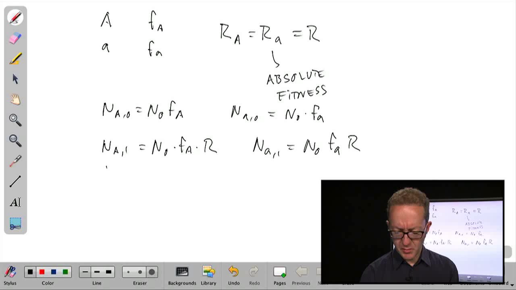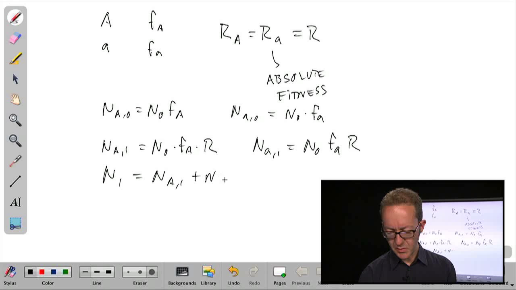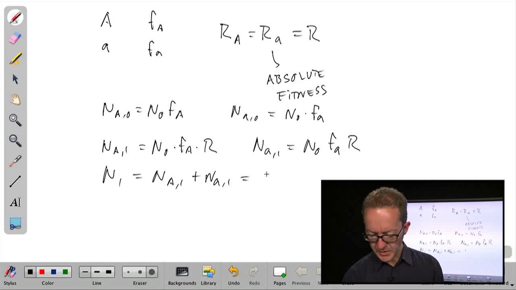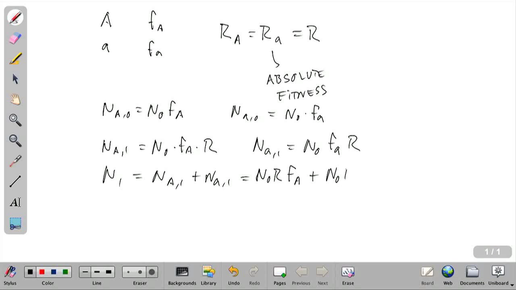This means that the total population size after one generation can be found as the sum of uppercase A and lowercase a individuals, and we can insert the expressions we have for those here. So let's just rearrange them slightly to make it a bit simpler. Plus N0 times R times f of lowercase a.